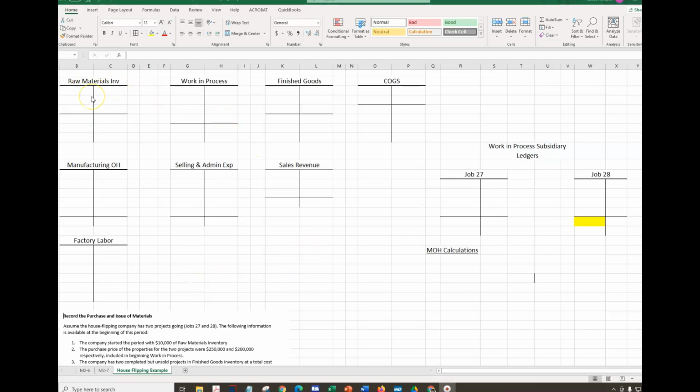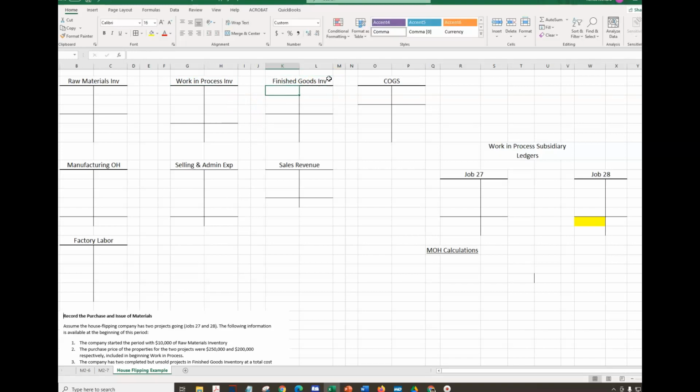Raw materials inventory is an asset account, of course, and it's an inventory account. Work in process is also an inventory account. And I'm sorry, I should have actually put that on there. Inventory. Finished goods is an inventory account.